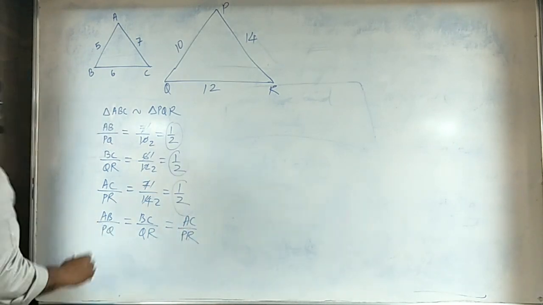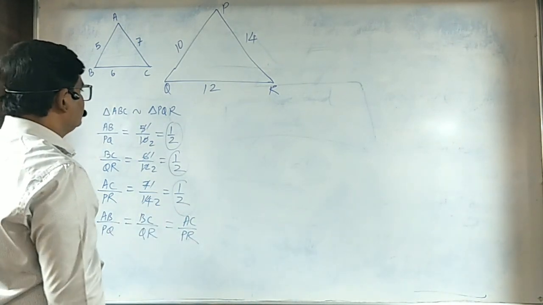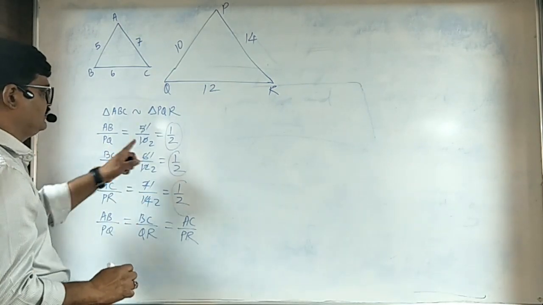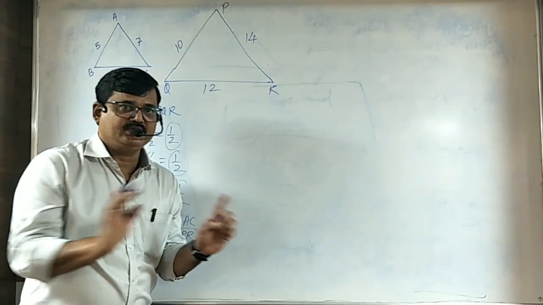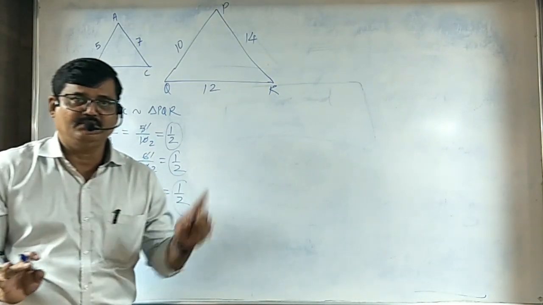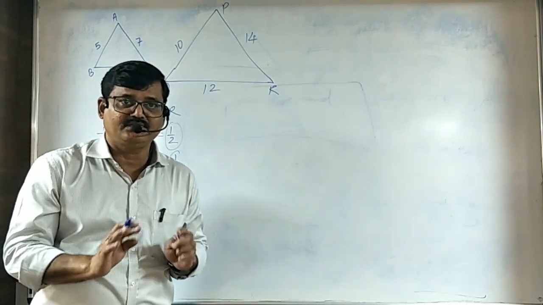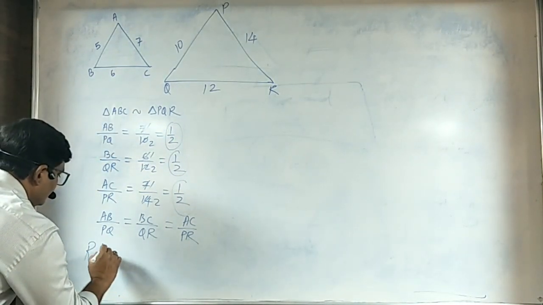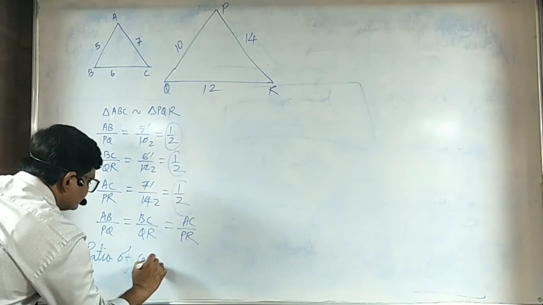All three ratios are equal. The measurements are not congruent, but the ratios are equal. So I can write here: the ratio of corresponding sides are equal.